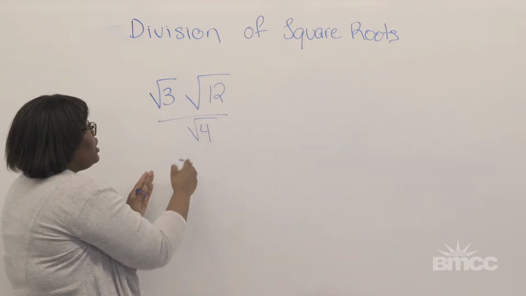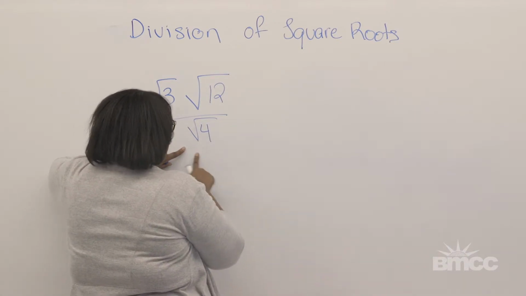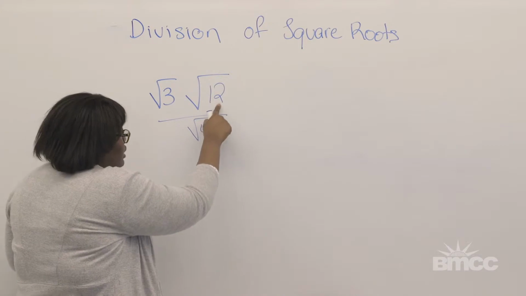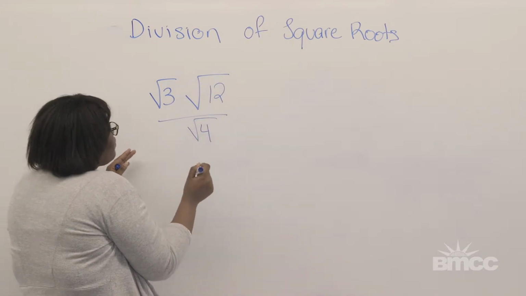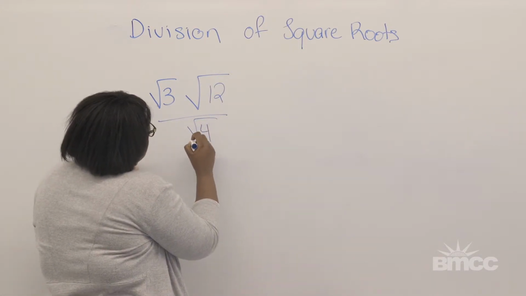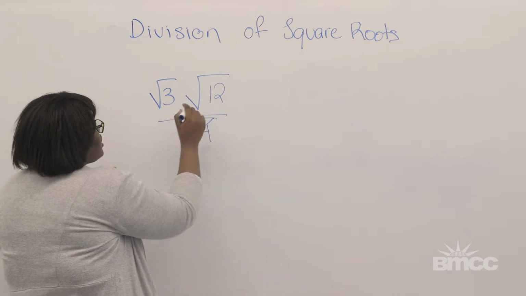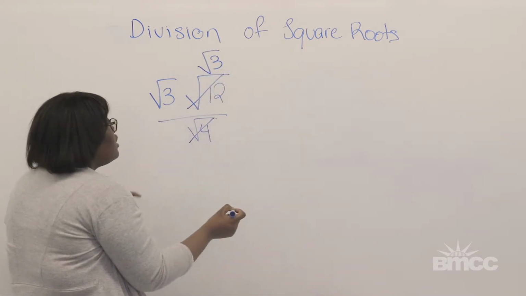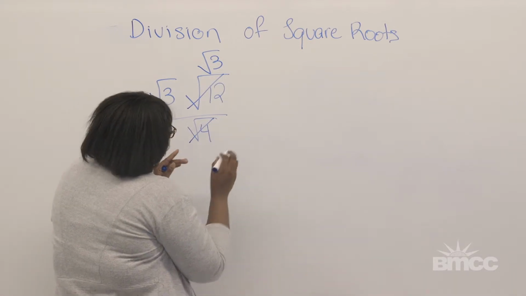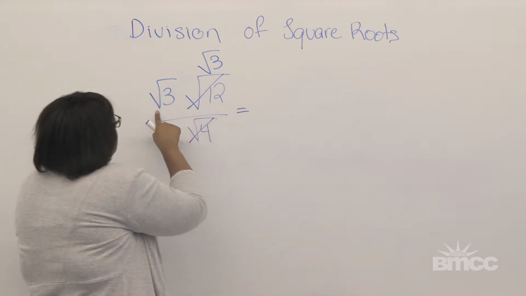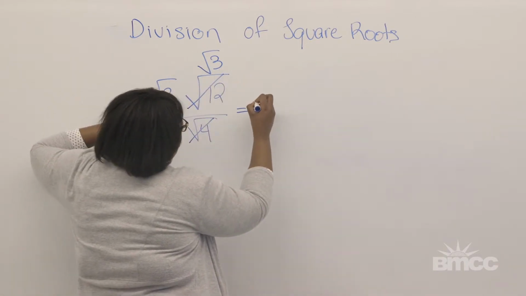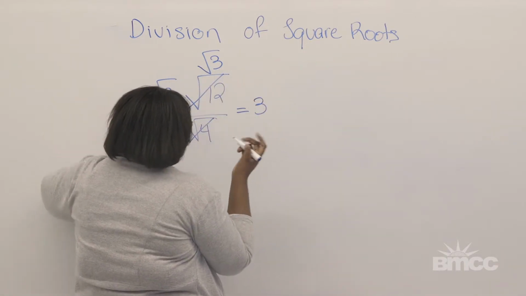But again, we can still divide the square root of 4 into the square root of 12 by dividing out their numbers. So the square root of 4 goes into the square root of 12, which gives the square root of 3. Now, since we have the square root of 3 times the square root of 3, we know that equals 3.